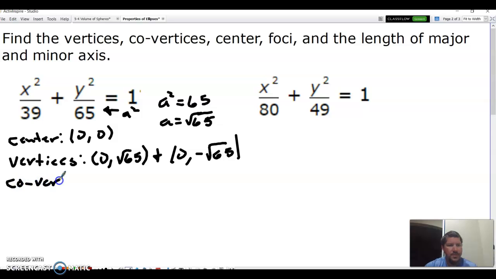My co-vertices are going to deal with the 39, so that's going to be the square root of 39, 0, and negative square root of 39, 0.